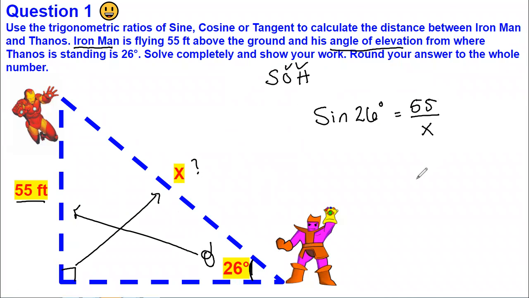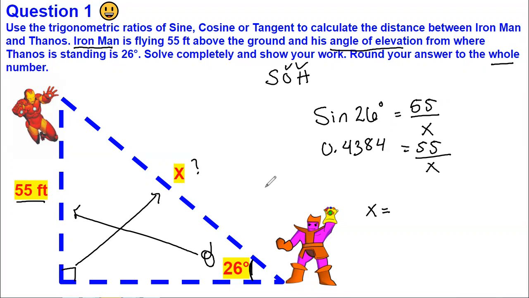Now that we have our ratio, now that we have the sine of 26 degrees, we can use our table. What does my table say that sine of 26 degrees is equal to? 0.4384 equals 55 over X. From here, we can cross multiply and then divide. So we get X equals, and we're going to write our answer to the nearest whole number.